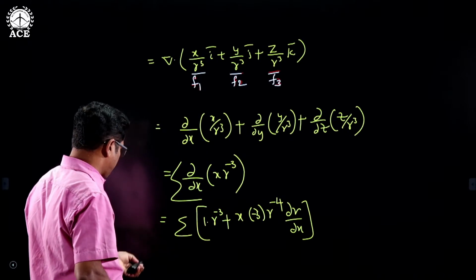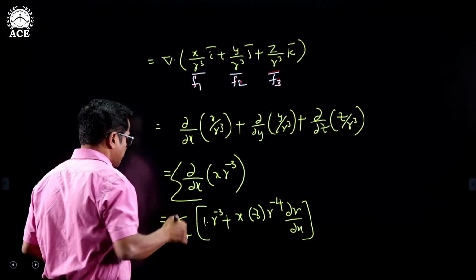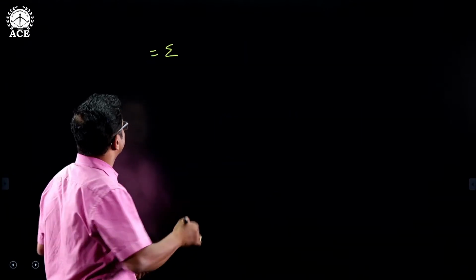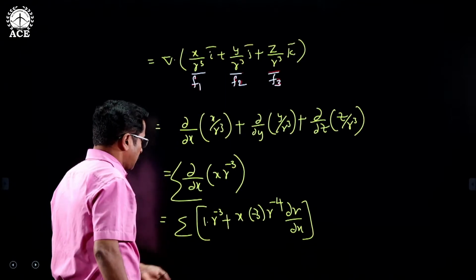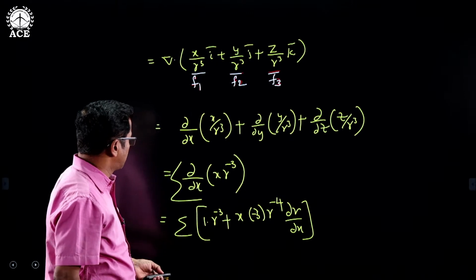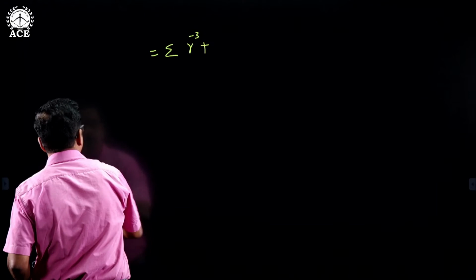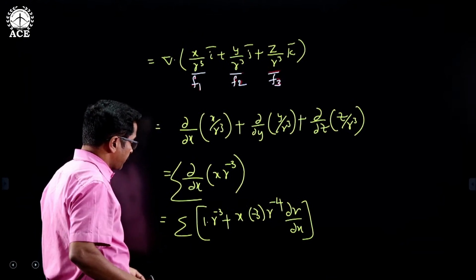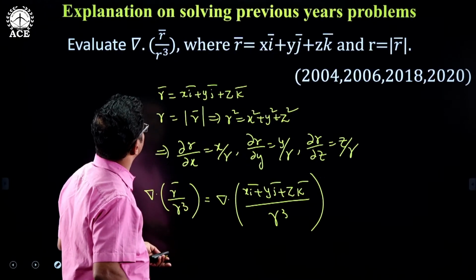So then summation equals summation 1 into r power minus 3 is r power minus 3. So minus 3x, because here plus here x into minus 3 is minus 3x.